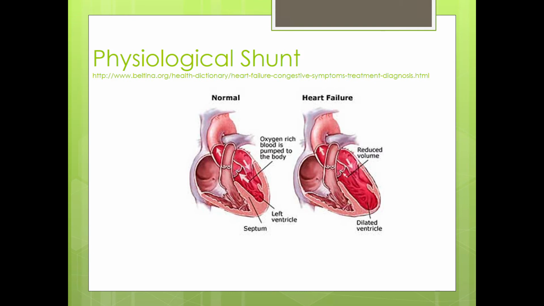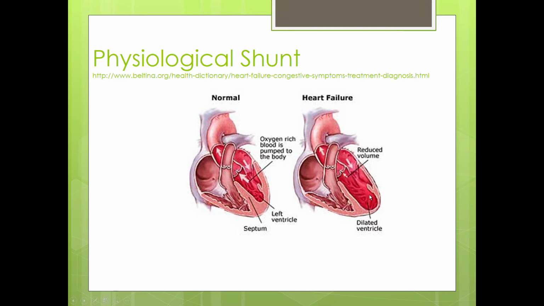So here's a normal heart where we've got oxygen-rich blood coming back to the body. And here's heart failure, where we actually are getting a dilated ventricle and reduced volume. So remember, a big dilated ventricle is not a good thing on a heart because what happens is the heart starts to lose its elasticity and then you can get problems with pump function.